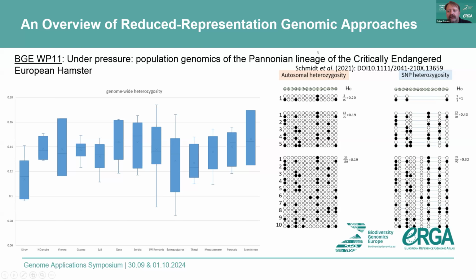For those who would like to learn about this, I recommend this very nice paper from 2021. And because of that, it's almost impossible to compare the results of reduced representation genetic diversity assessment between studies. But I believe within the same study and within the same library, we can assess the genetic diversity of the populations compared to each other.